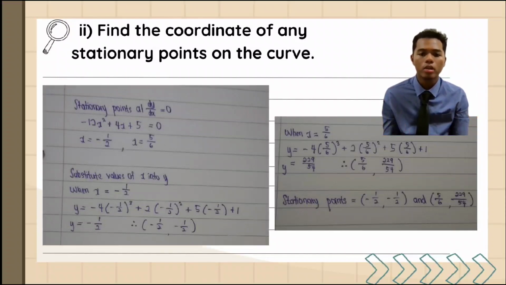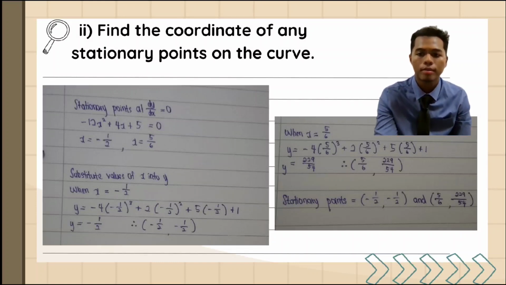After that, we need to substitute the value of x into the y equation. Since we have two values of x, we also have two coordinates of stationary point. The first coordinate is negative 1 over 2 and negative 1 over 2. And the second coordinate is 5 over 6 and 229 over 54.